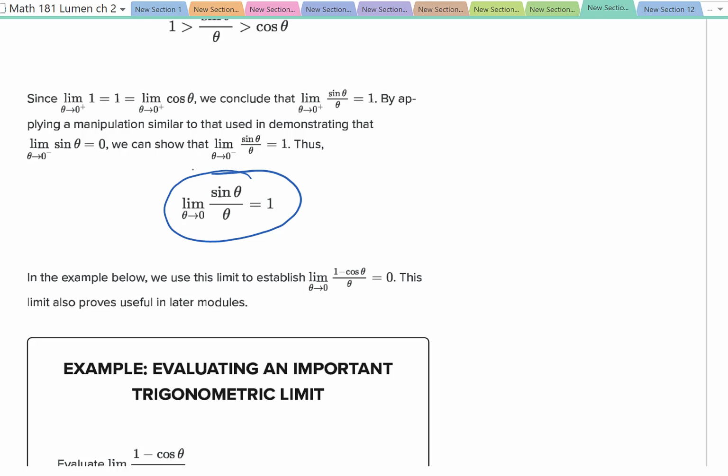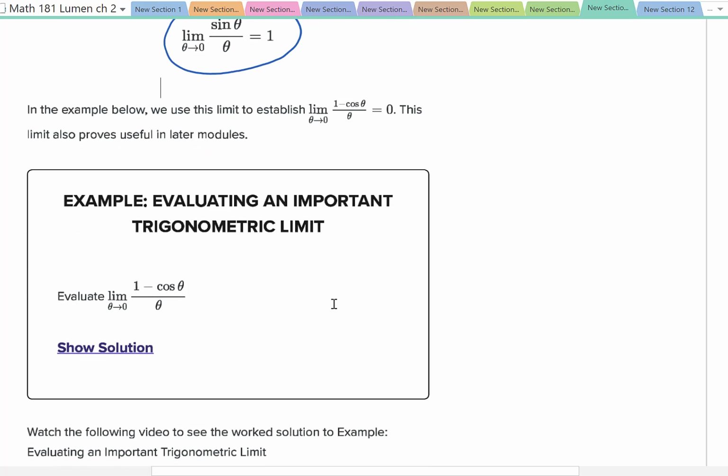We're going to use this to establish that the limit of 1 minus cosine theta over theta as theta approaches 0 is 0. So let's multiply this by 1 plus cosine theta over 1 plus cosine theta.